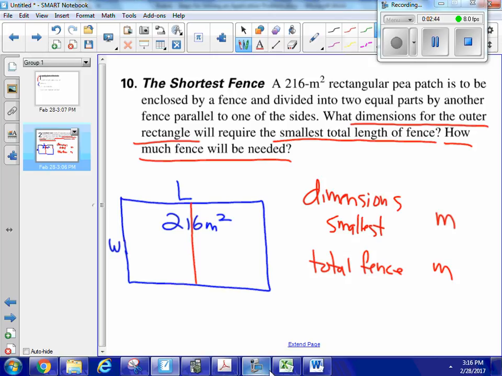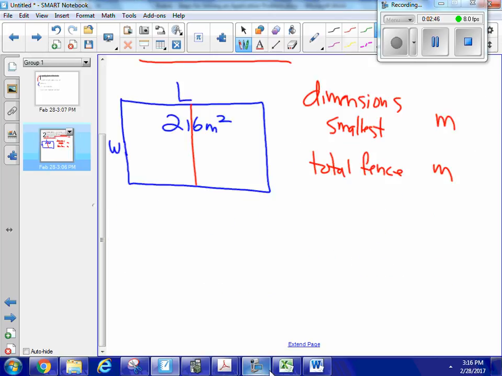So what information do I know here? I know that width times length is going to be 216.